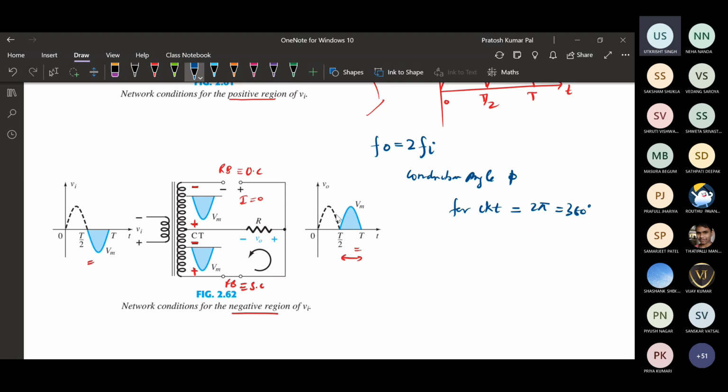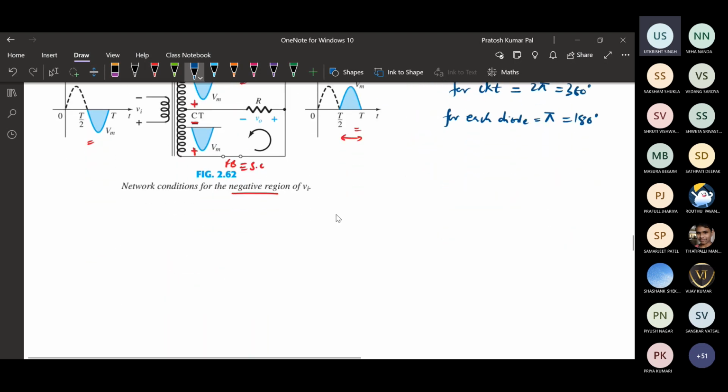The current flowing through the circuit is for both the positive and negative half. But each diode is only conducting for 0 to t by 2 time period, or 0 to pi. So each diode is conducting only for pi, or 180 degrees, but the complete circuit is conducting for 360 degrees for the complete time period. So this is the case of conduction angle.